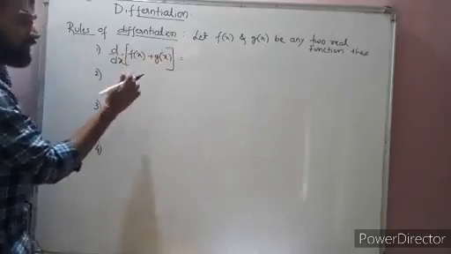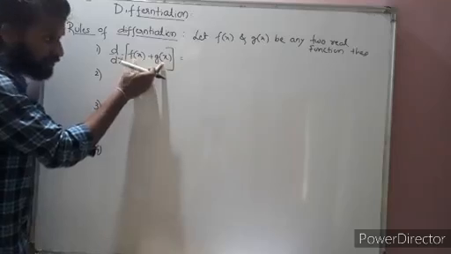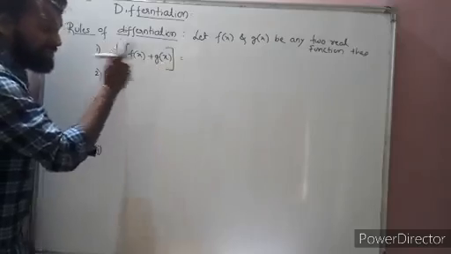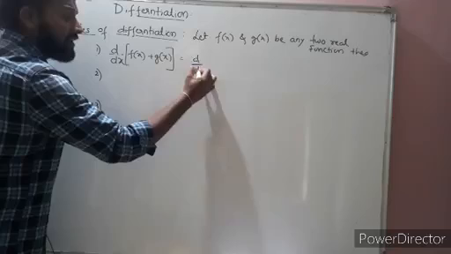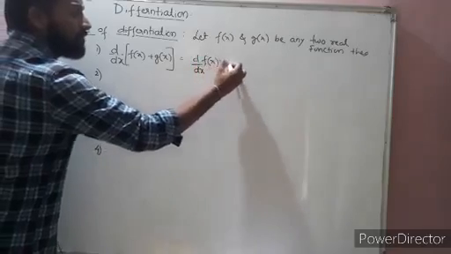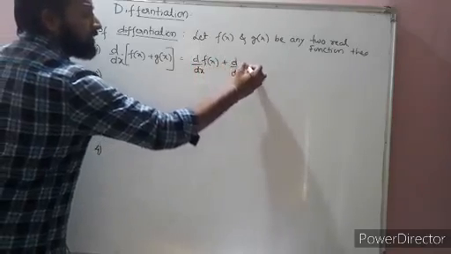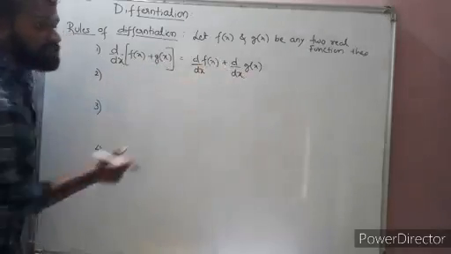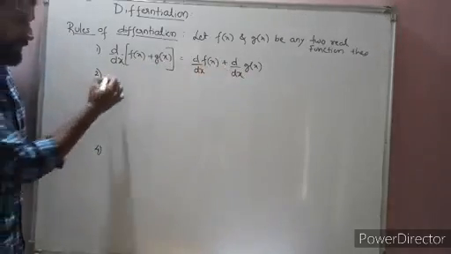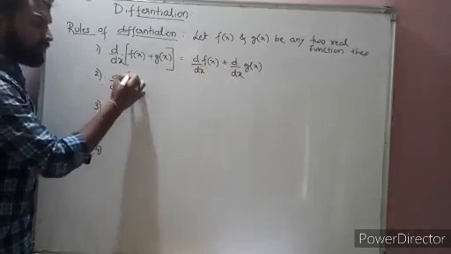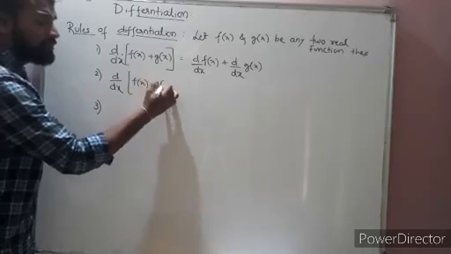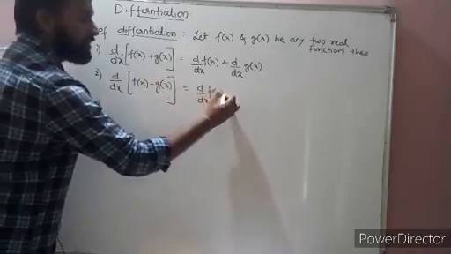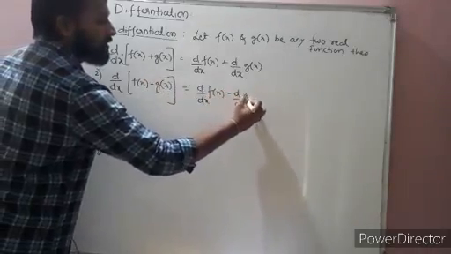What I mean to say is, whenever you have two different functions with an addition sign and you have to differentiate both, this can be done like this: d by dx of f of x plus d by dx of g of x. That is, we can separately differentiate both the functions. Similarly, d by dx of f of x minus g of x can be written as d by dx of f of x minus d by dx of g of x.